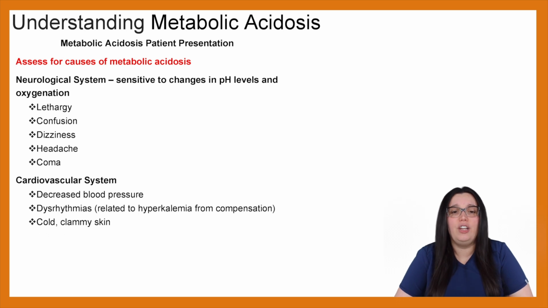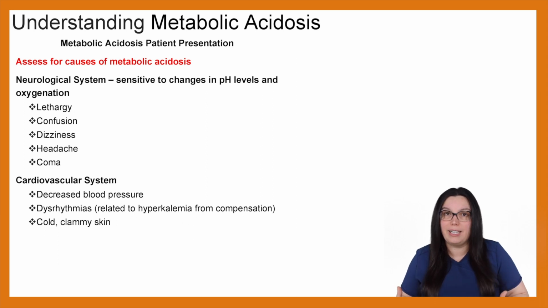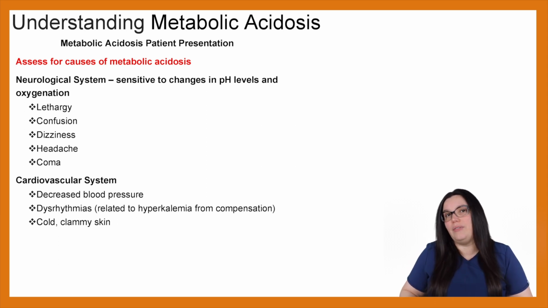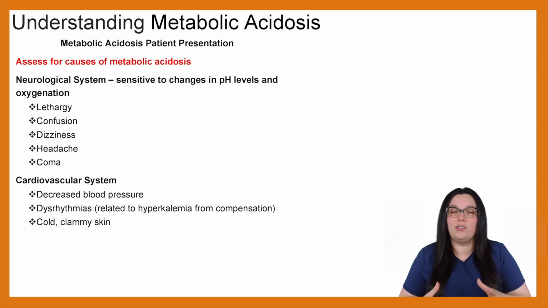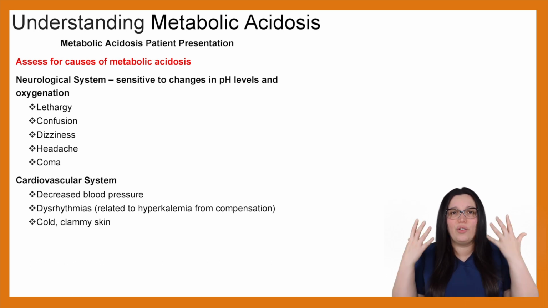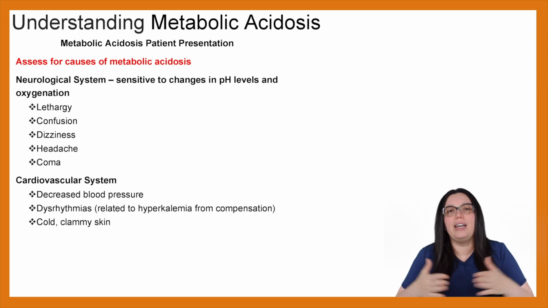Cardiovascular system, you're going to see a decrease in our blood pressure, and dysrhythmias related to hyperkalemia from the compensation. Like we talked about in our previous video, potassium plays a huge role when it comes to our buffer systems with our acid-base balance, because as we have an increase in hydrogen ions, the body is going to compensate and try to get rid of them, right?